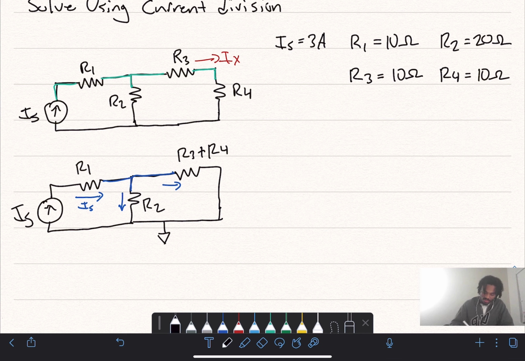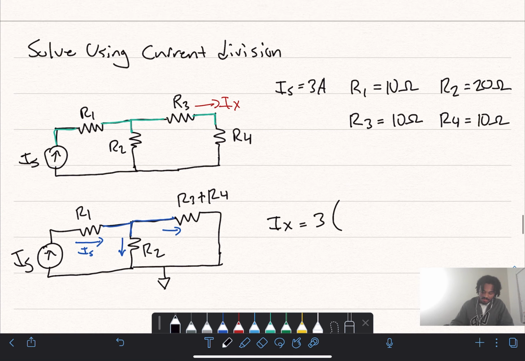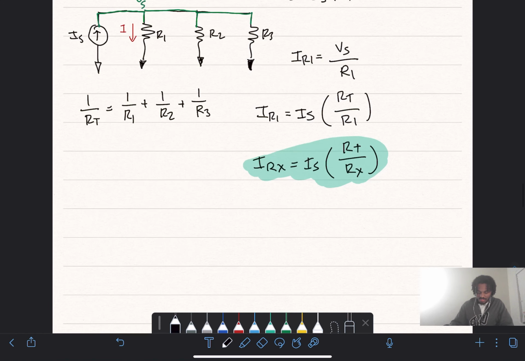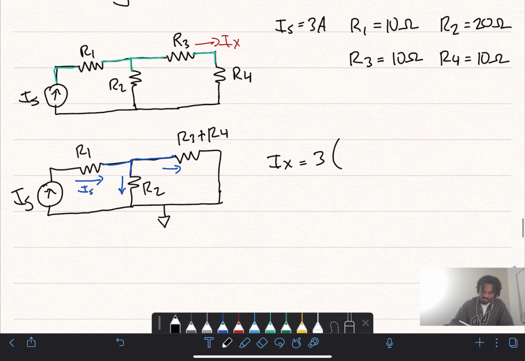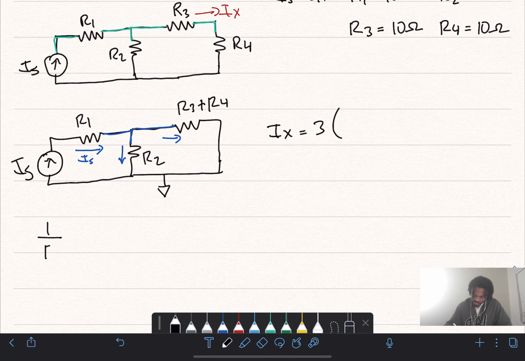So we're looking for Ix. Ix is going to be the source current times the total resistance. We have 1 over RT equals 1 over R3 plus R4, plus 1 over R2.